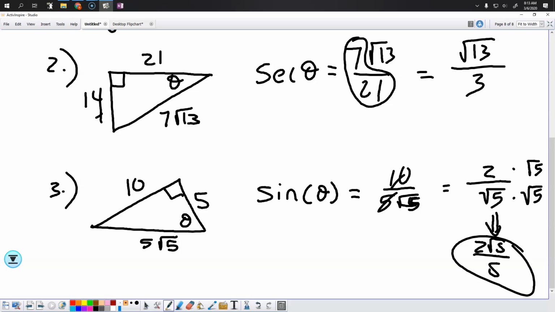So I would encourage you guys, as you're doing these exercises, to try to do it without looking at your notes to remember what the ratios are and go through that SOHCAHTOA process. But you can do as you please.